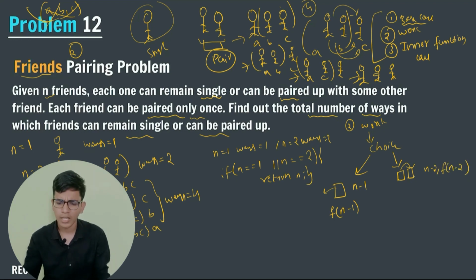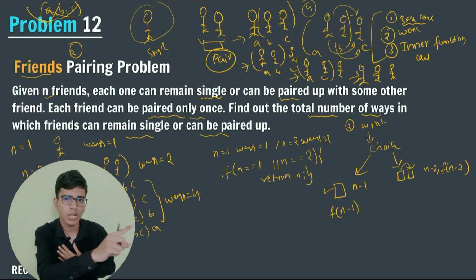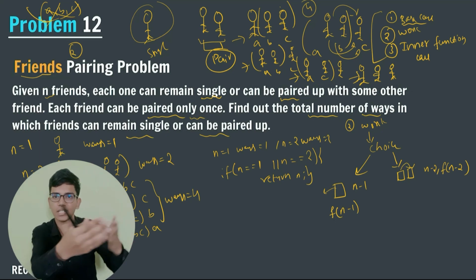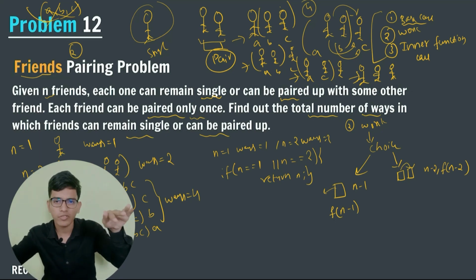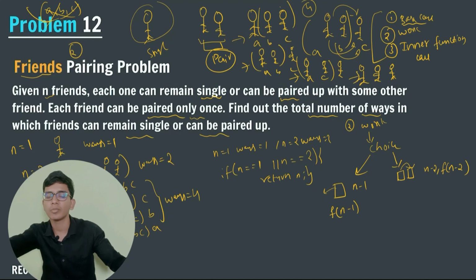Here one more thing we need to understand: suppose there are 10 friends in our group, and I want to make a pair with another person. In a group of 10 people, let us consider that I am one of them. So for me, there are 9 friends that I can pair with.